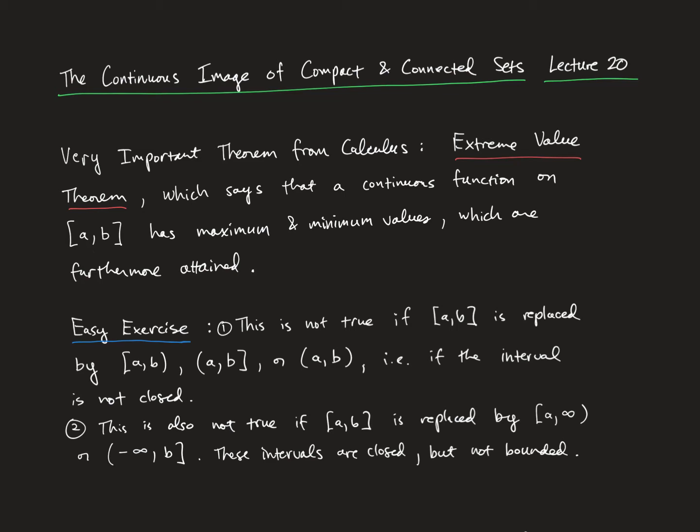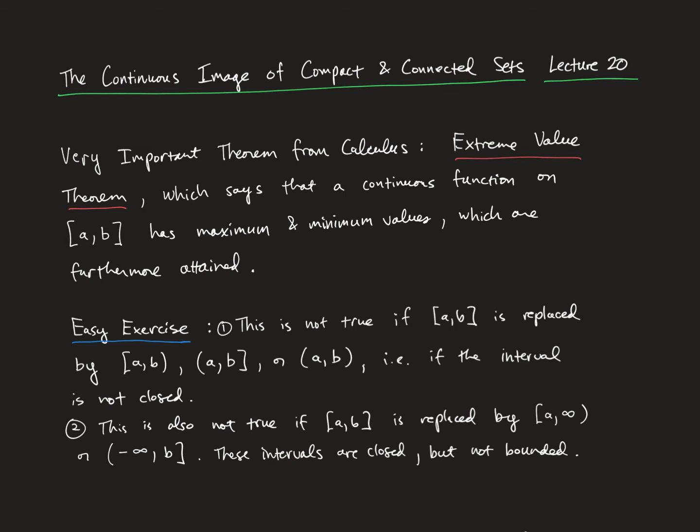For example, if you replace this interval with one of its half-open analogs or the fully open interval, it's easy to construct examples of continuous functions that do not attain a maximum or minimum on those intervals. So the theorem no longer holds if your interval is not closed.